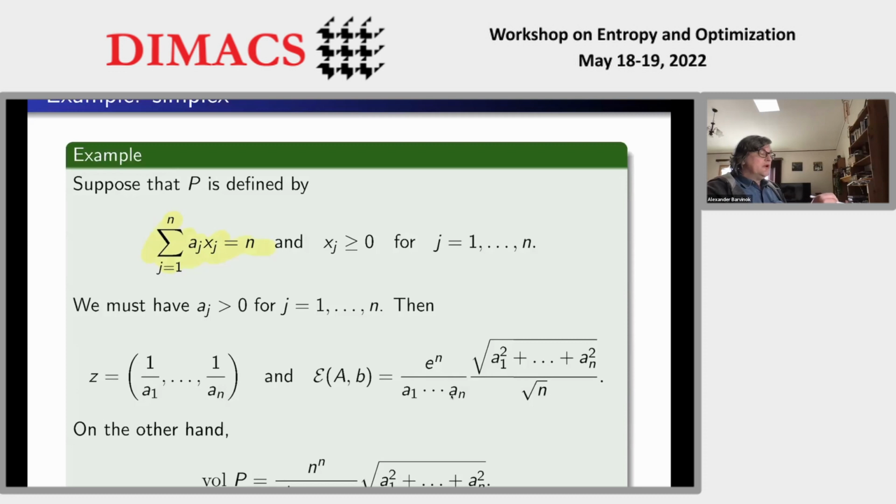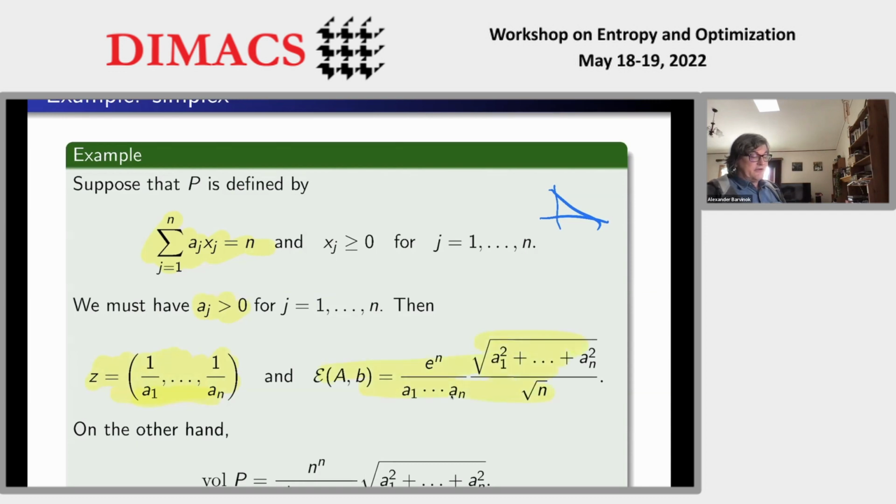Since we want a bounded polyhedron with non-empty interior, the only possibility is that all the coefficients are positive. Then it's not very hard to compute the analytic center, and that's the estimate we get.